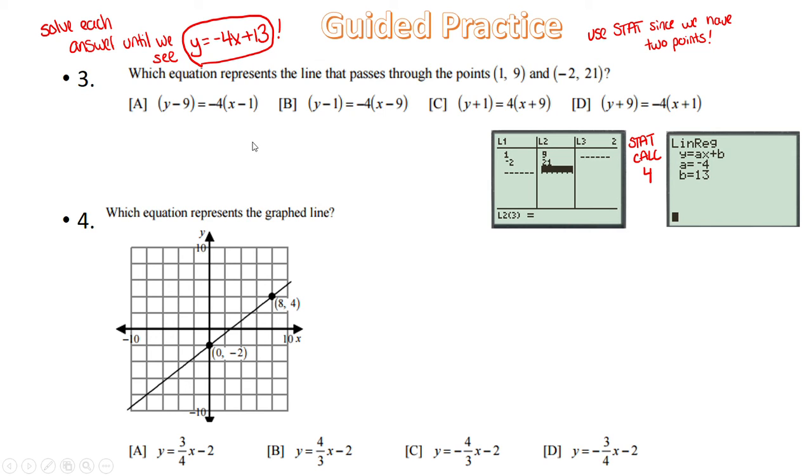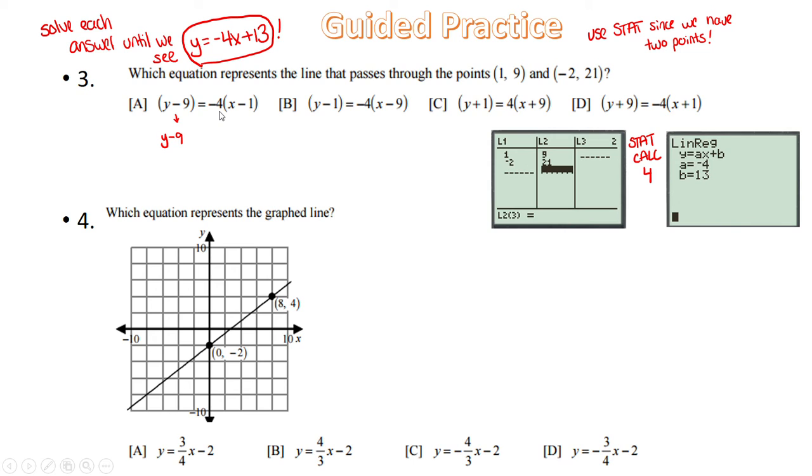Now the tricky thing about this problem is none of my answer choices are written like that. This is what we're trying to get to, but none of my answer choices are written like that. So if you take a look at a, it has on the left side parentheses y minus 9. Now there is no reason at all for this parentheses on the left side. So you can just say it's y minus 9.